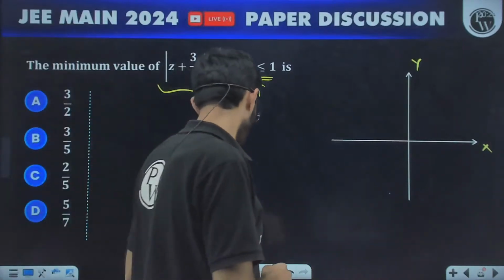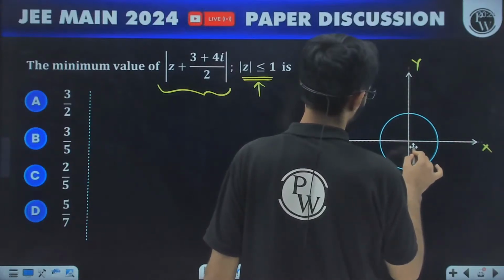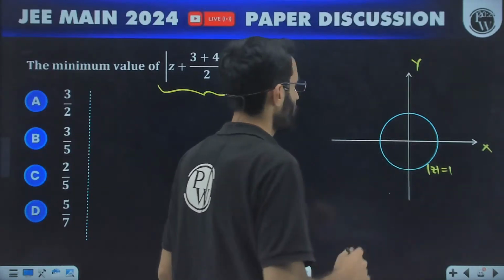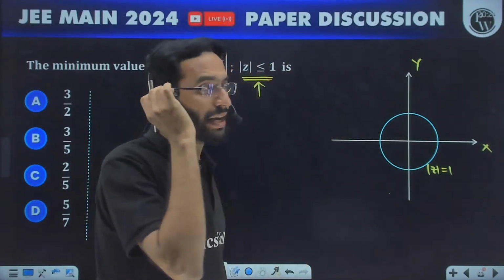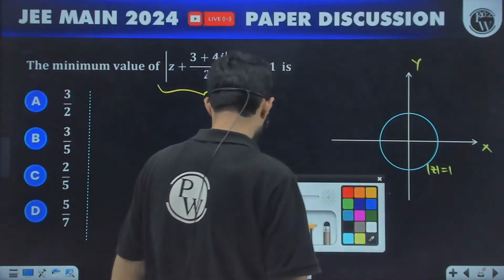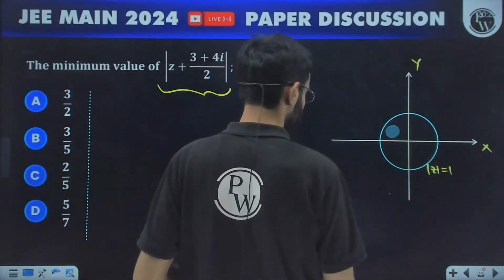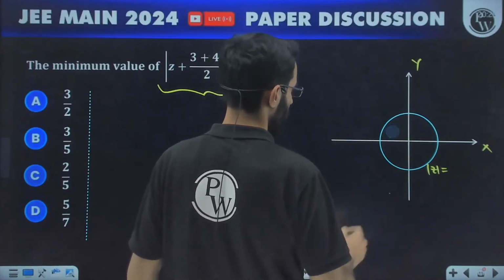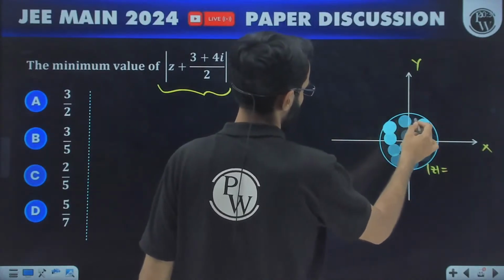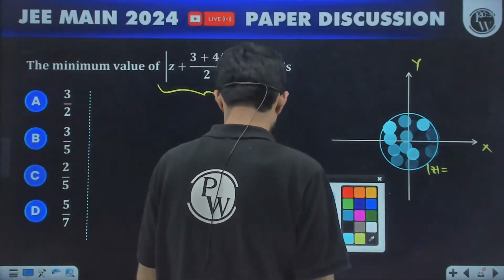So mod z is less than or equal to 1. So this represents mod z equal to 1. So mod z less than or equal to 1 means all z are lying in this region, on this circle as well as inside it. This region you can expect. Hope you are getting my point, right?